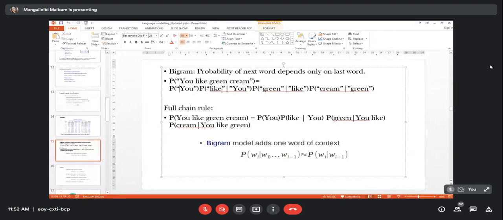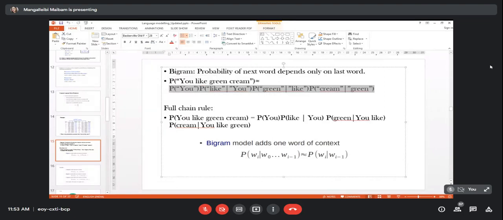Then the probability of like, conditioned on the preceding term, and the preceding term is you. So conditioned on the preceding term you, probability of you. Then the probability of green, conditioned on like. The probability of cream, conditioned on green. So likewise we can find it for the bigram language model.